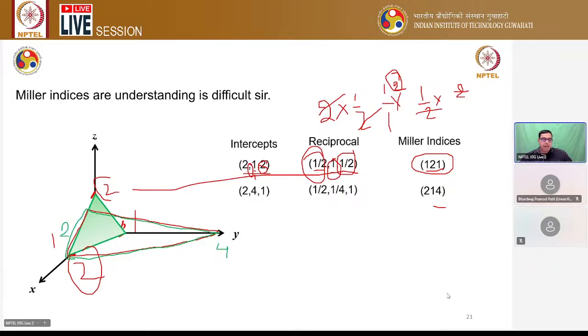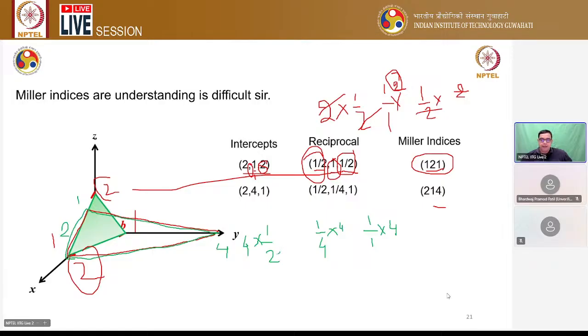To calculate the Miller indices, I will just take the reciprocals and multiply with the highest denominator. So I will multiply with 4, with 4, and I will also multiply this with 4.